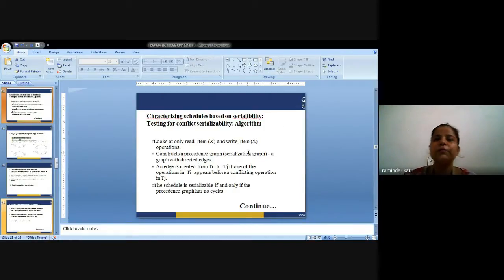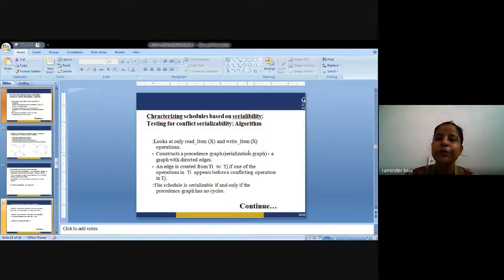Characterizing the schedules based on serializability. You can just read the formulas that will be used. Look at only read item and write item operations, and then construct a precedence graph, the serialization graph, that is a graph with directed edges. How it could be created, I am showing you in the next slide. An edge is created from TI to TJ if one of the operations in TI appears before a conflicting operation in TJ.